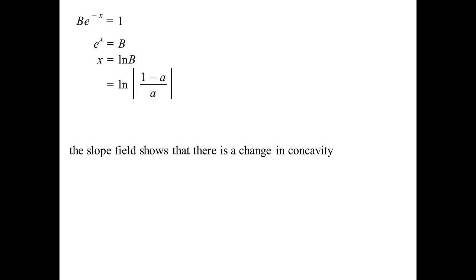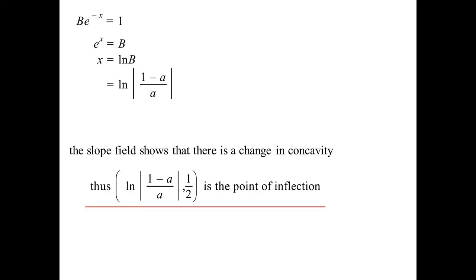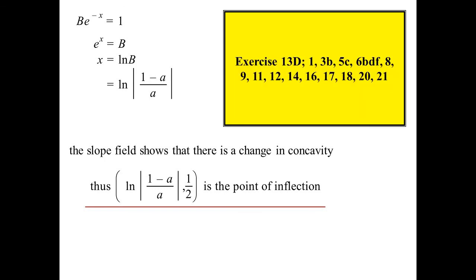Now, the slope field shows that there is indeed a change in concavity. So I'm not going to bother testing our possibility. So I can look at the slope field and say, yeah, okay, there is a change in concavity there. So therefore, that point of inflection is the log of the absolute value of (1 minus a) over a, with y equal to a half. 13D, playing with our logistic equation, amongst others.